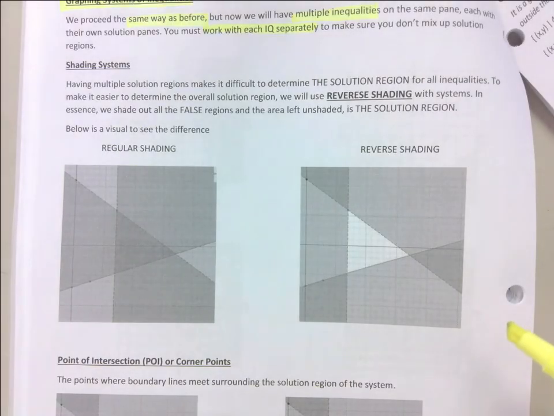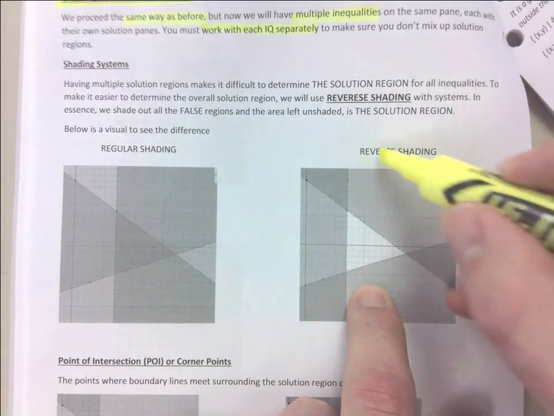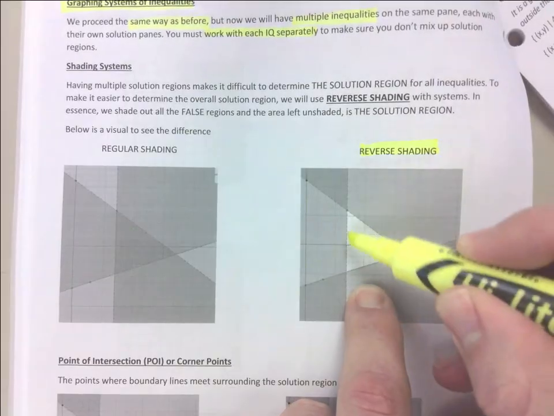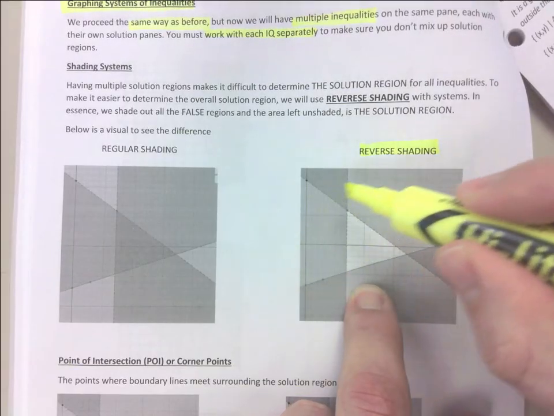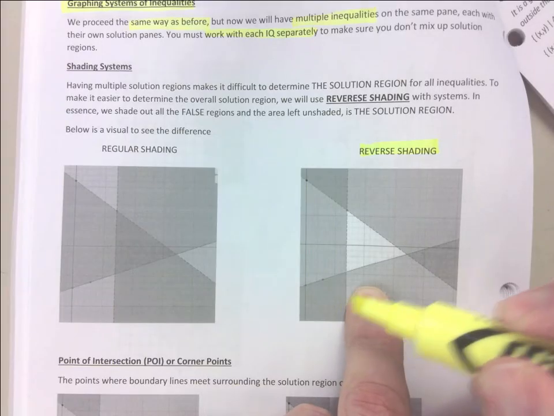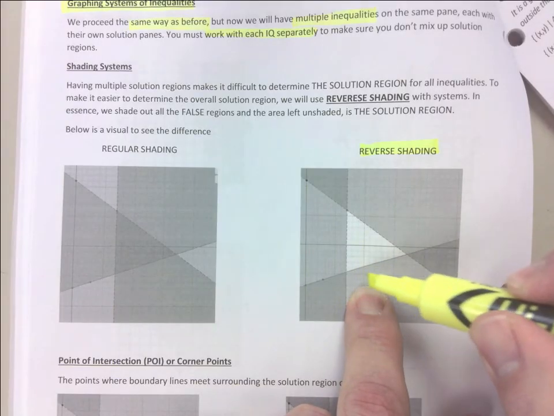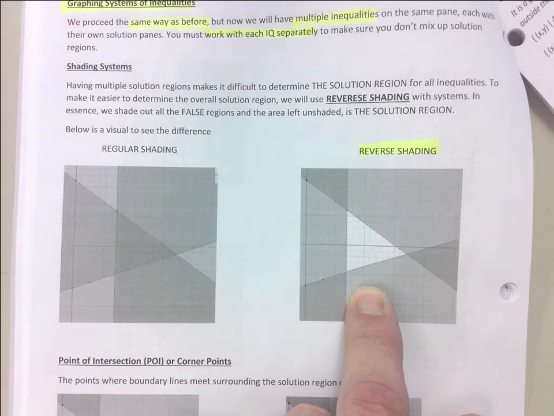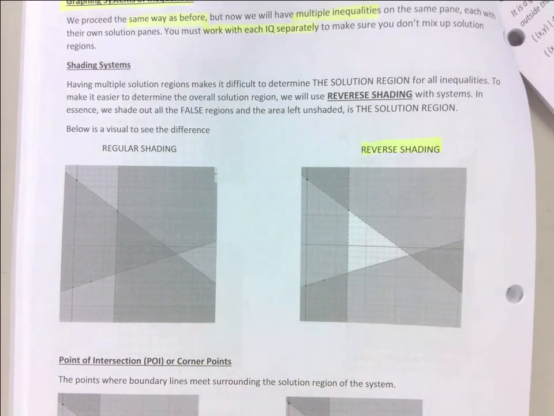So like, I don't know, 10 years ago, I'm like, forget that, let's do reverse shading, right? So with reverse shading, you shade out the false regions for all of them, and then you end up with your solution region unshaded. So it's a lot easier to see, okay?